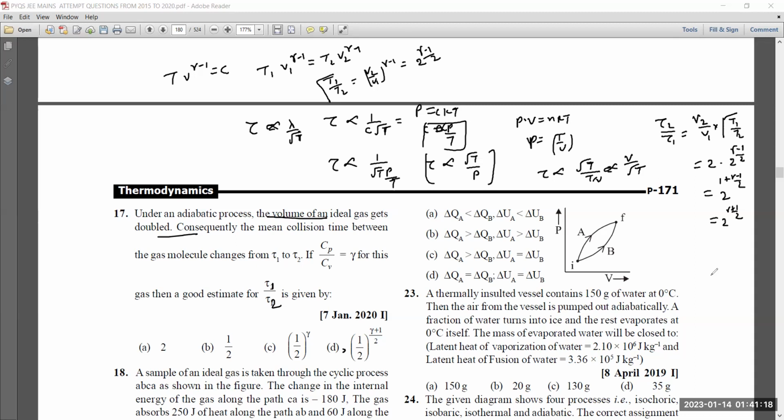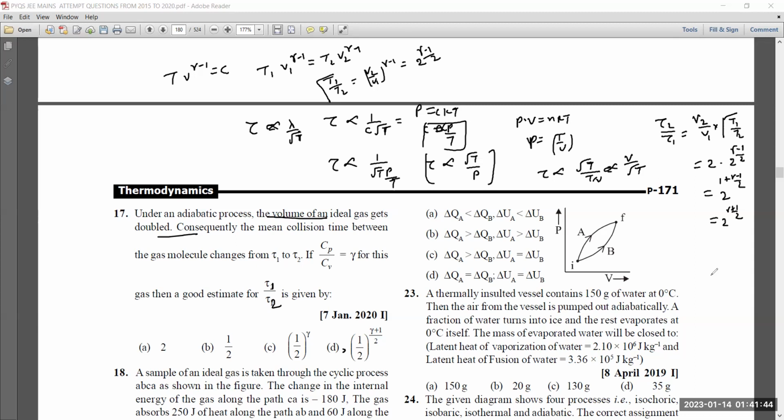The whole idea is eventually to convert into P and V, or V and T, and whatever, and they will mention the process, you can do it. So this kind of question is very common. What you have done is correct. In the answer key it is given as bonus, and the answer is 2 raised to gamma plus 1 by 2.